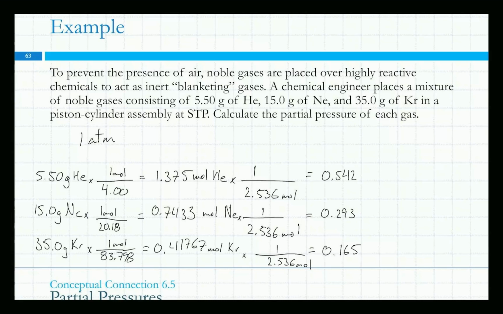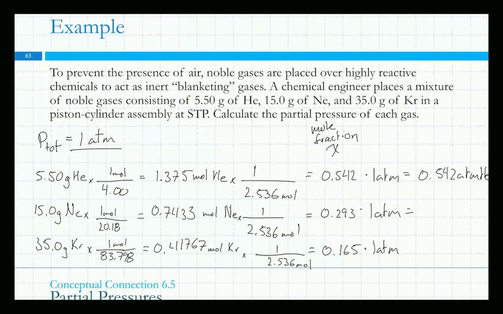And then because these are all mole fractions, I multiply each of these by my 1 atmosphere, which is my total pressure. It's going to be exactly the same. That's helium, that's neon, that's krypton.